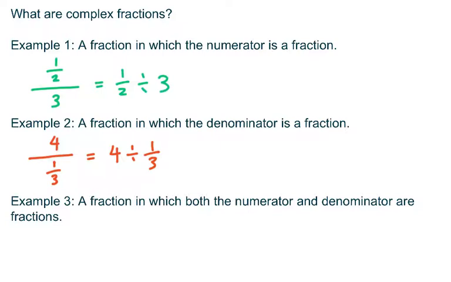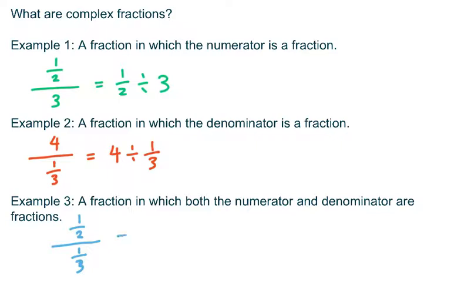And in the third example, a complex fraction can also be a fraction in which both the numerator and denominator are fractions. So for example, I will write something such as 1/2 over 1/3. So the numerator here is 1/2 and the denominator here is 1/3.